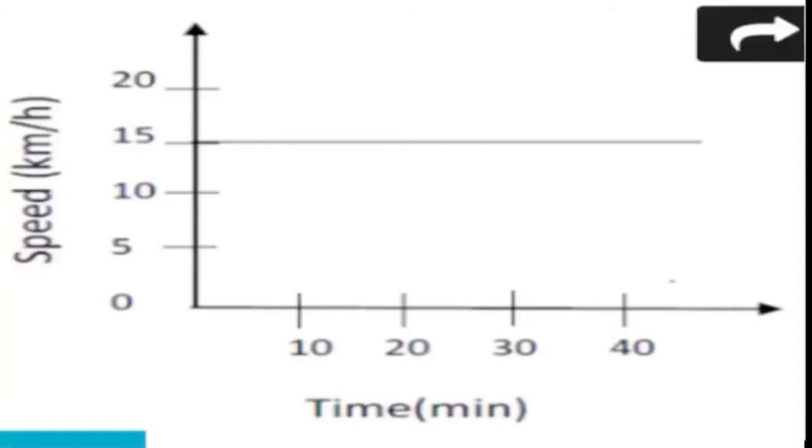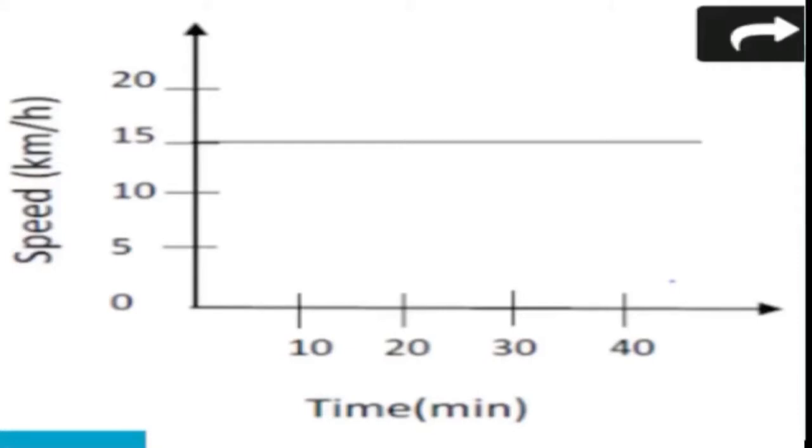In the next 10 minutes, or you can say at 20 minutes, the speed is again 15 kilometer per hour, and at 30 minutes the speed is again 15 kilometer per hour, and at 40 minutes the speed is again 15 kilometer per hour.